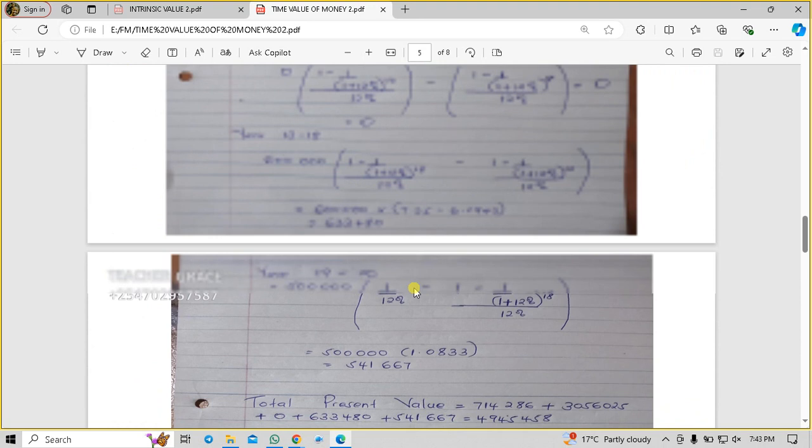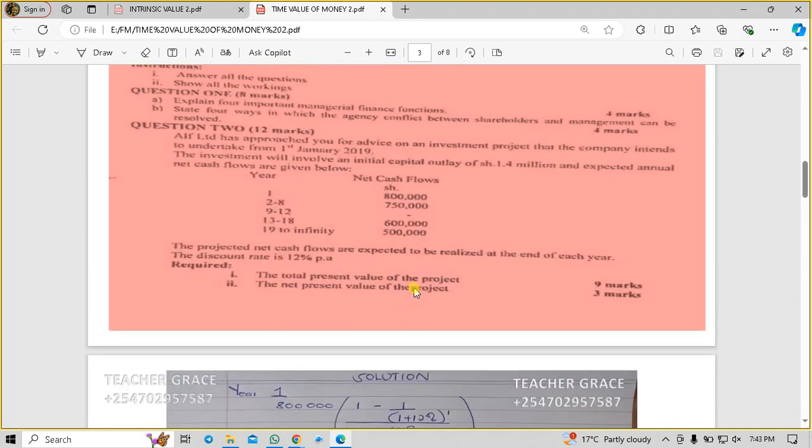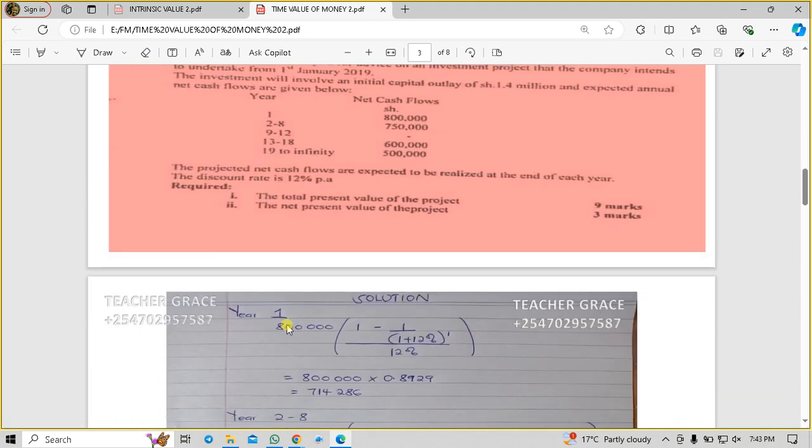So the first year, we have a net cash flow of 800,000. So you're going to say 800,000 times 1 minus 1 over 1 plus 12%. 12% is the discount rate.